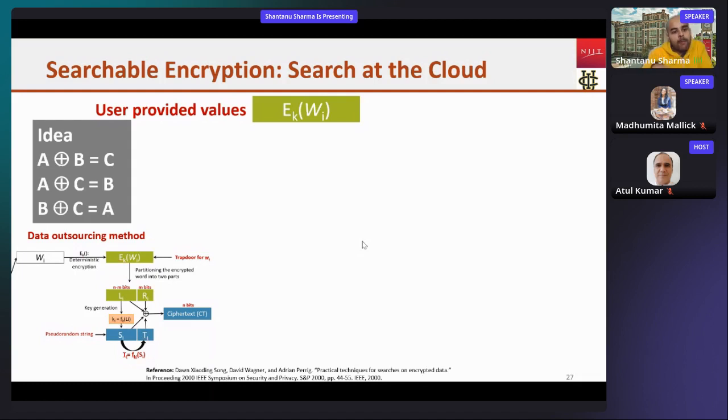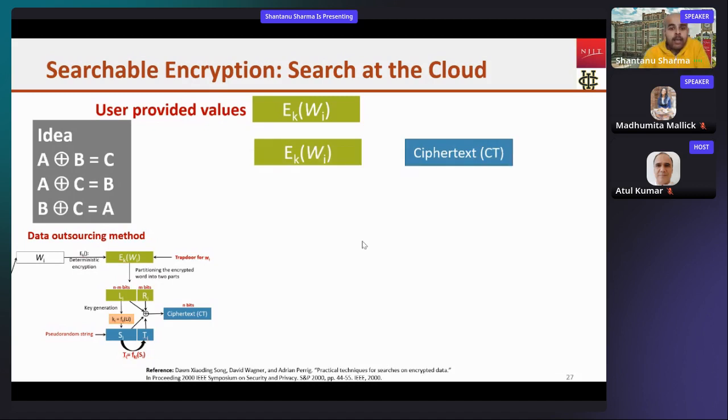Now if we perform XOR between any two values, either a and c, we will definitely get the third value, or b and c. If we perform XOR over b and c, we will get a. So the same idea we will perform over this encrypted search at the cloud side. We perform the same operation as we did at the data outsourcing part. This operation that you see in this slide is done by the cloud, and you can relate it that the cloud is performing exactly the same steps as the database owner did.